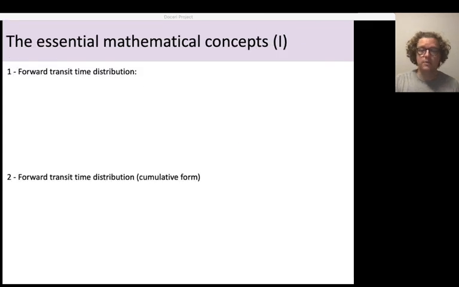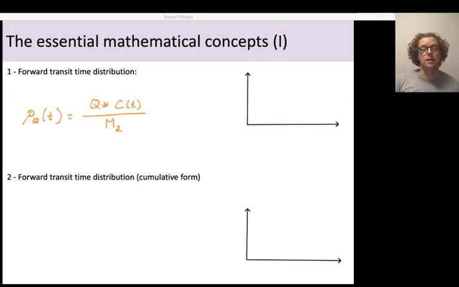All right, four essential concepts. The first is what's called the forward transit time distribution, and that's a lowercase p with a subscript q. I'm picking these variables because they go along with the paper from Harman that's linked in the resources for this module. So this represents a probability distribution, p_q plotted through time in orange on the right-hand side.